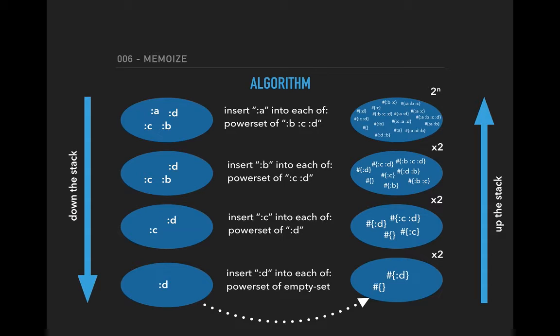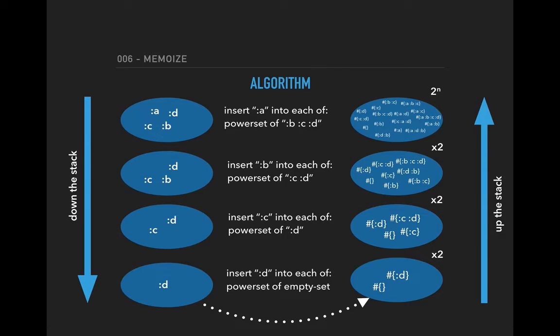So we go up one level where we were about to insert C into each of the power set of D, and now we have that answer, so we can insert C. So we take the preceding results, and we concat them to the new operation of inserting C into each of them. So we have D, we have C alone, we have the empty set, and we have the set with C and D. And so on up one other level, and you can see that we are multiplying by 2 the number of elements in the final results every time we go up one level, and we insert B into each of the power set of C and D. And finally, at the top, we are back at where we were.